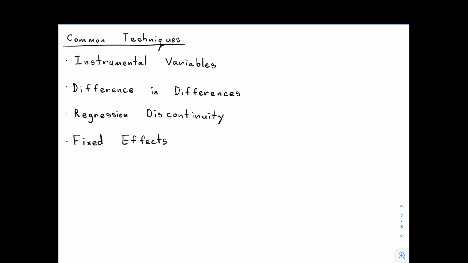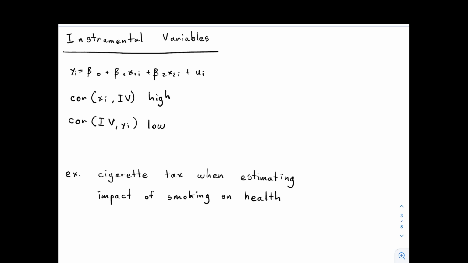So the four techniques that I'll touch on today are instrumental variables, difference in differences, regression discontinuity, and fixed effects. I also wanted to bring up the idea that the terminology and examples I'm using are primarily coming from economics and econometrics because that's the field in which I have more experience.